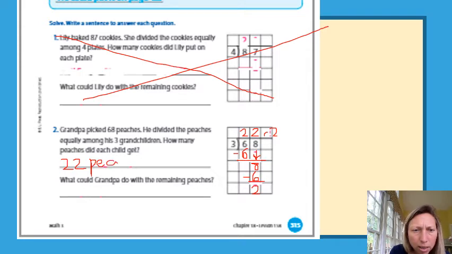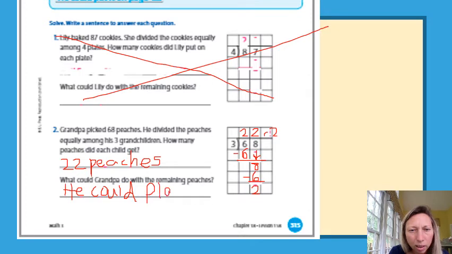So you can be writing this down as we do it. Just go grab your pencil, grab your workbook page, and you'll have your math completed today by the time you're finished with this video. What could he do with the remaining 2 peaches? He could, you can put whatever you want, but I'm going to say he could plant new peach trees.